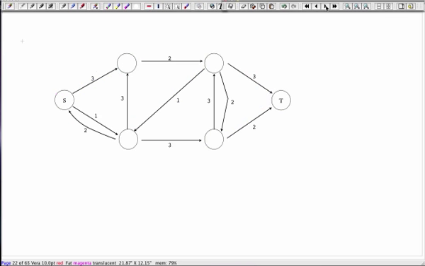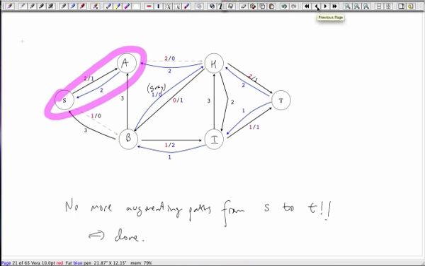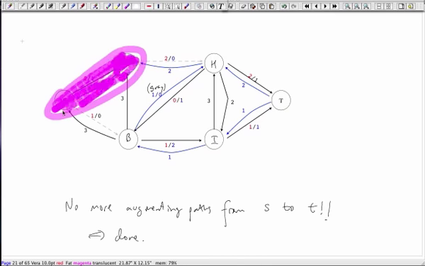In particular, when you can no longer find a path from S to T, consider all of the nodes that you can reach from S. Clearly you can't reach all the way to T, because otherwise you wouldn't be done.